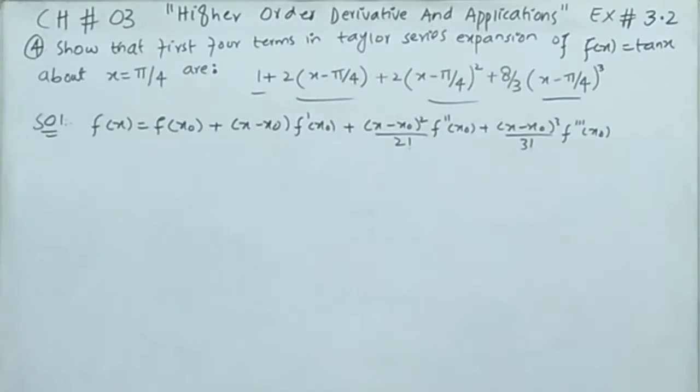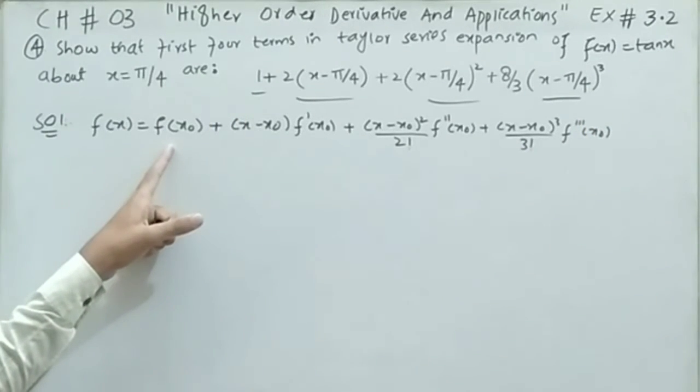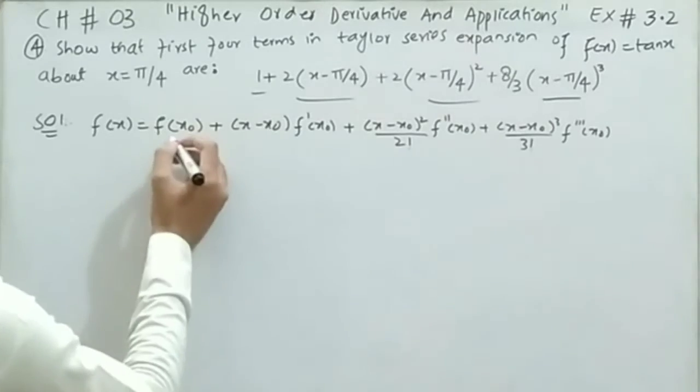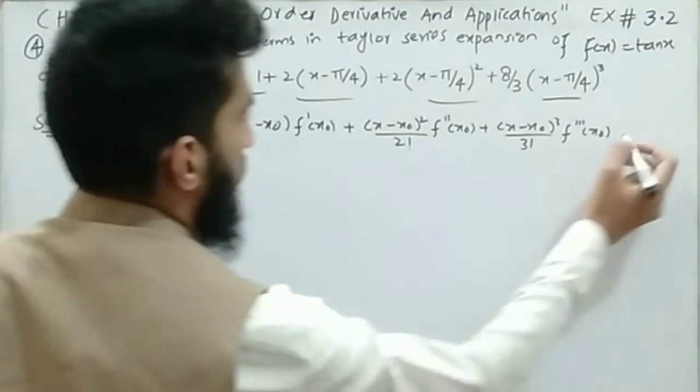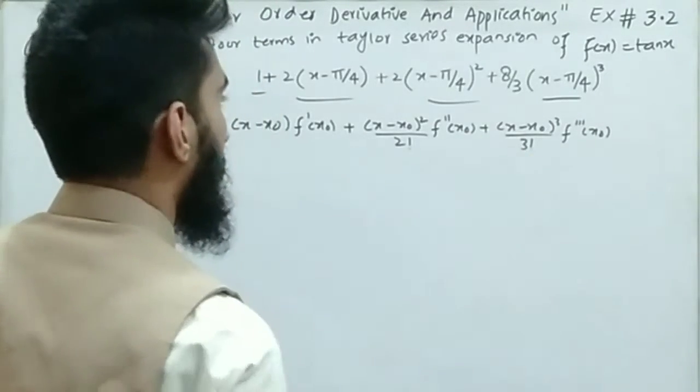They tell us about the first four values. So these are the first four terms, 1st, 2nd, 3rd, and 4th. We cannot go up to n.